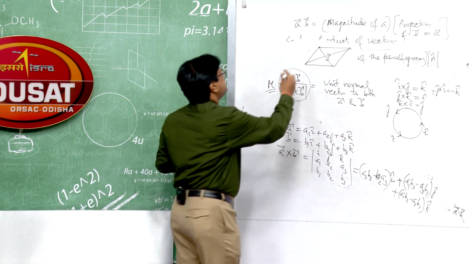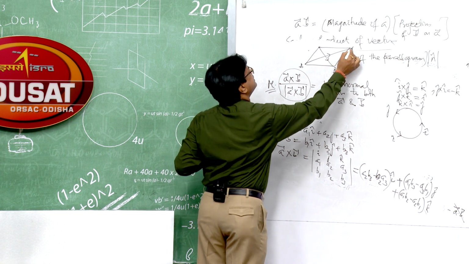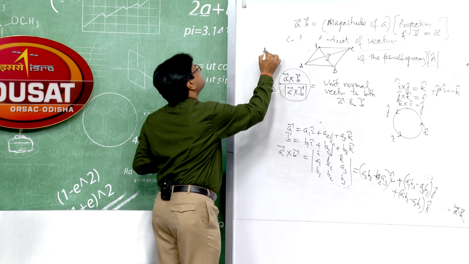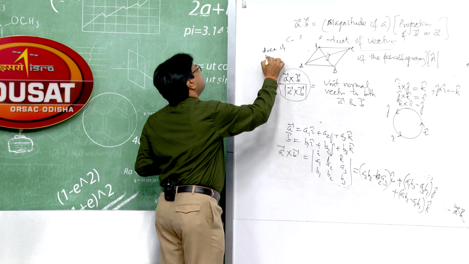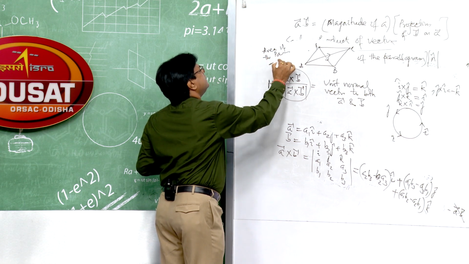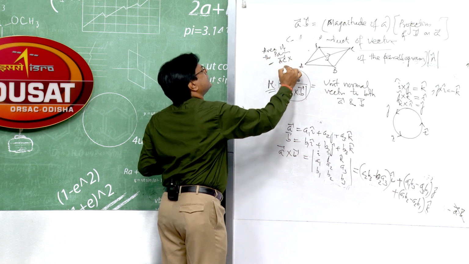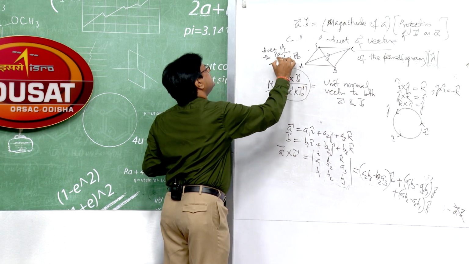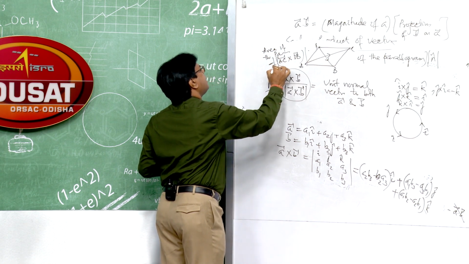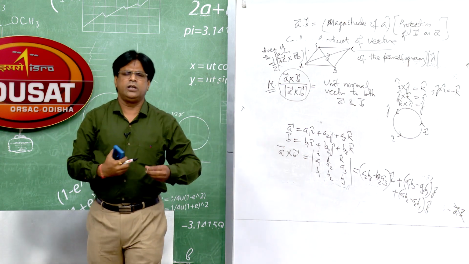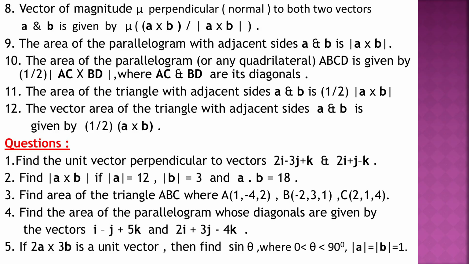So, suppose this is A, B, C, D, then the area is half of the magnitude of AC cross DB. And the area of the triangle with adjacent sides A and B is given as half of the magnitude of A cross B.